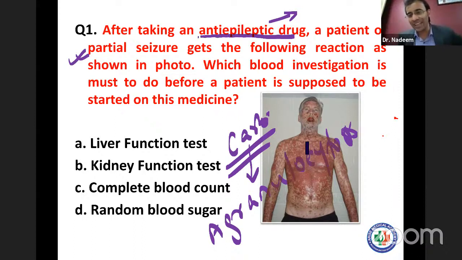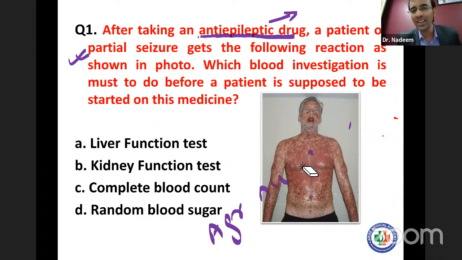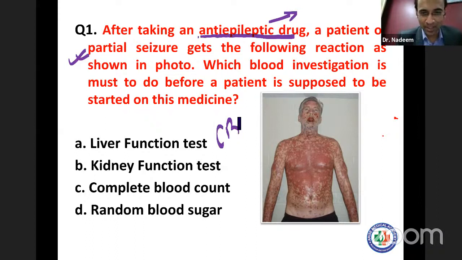So when I know that the grave side effect of carbamazepine is agranulocytosis, before I start my patient on carbamazepine, I should check his WBC count, complete blood count.